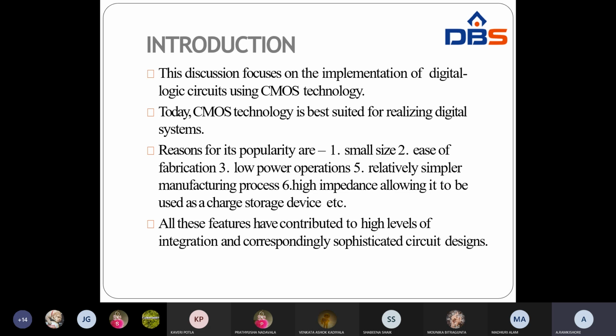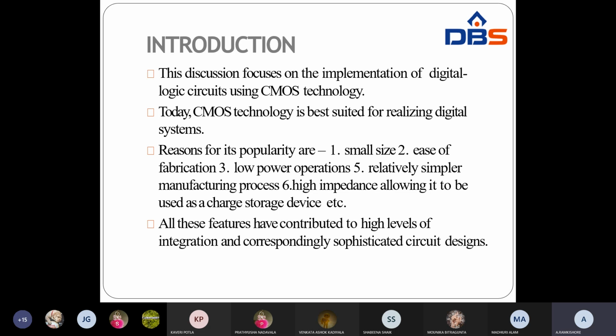We go for CMOS because it has many popular advantages, and based on them we design different types of circuits using CMOS technology.